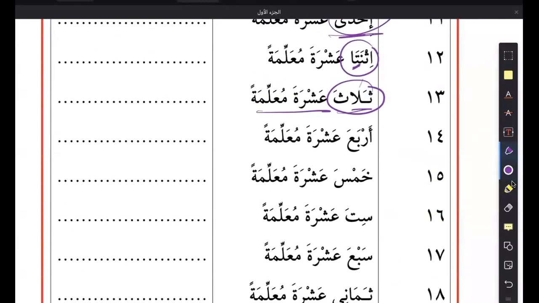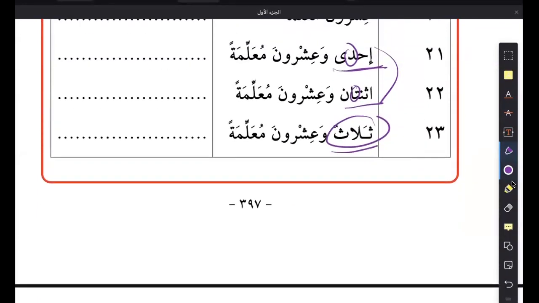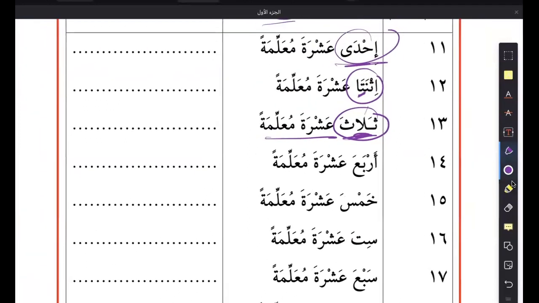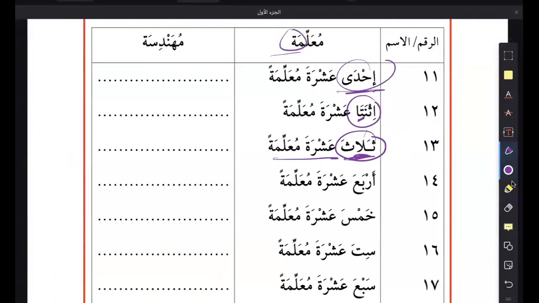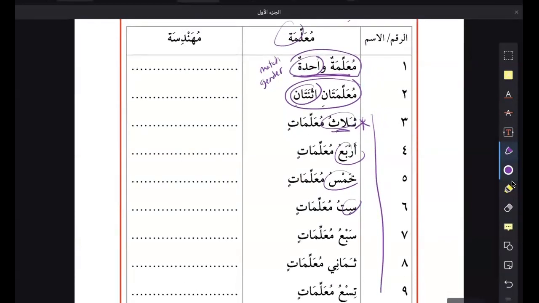In 13 we see thalath without the ta marbuta, and even in 23 we see thalath without the ta marbuta. Why? Numbers 3 to 10 are always opposite of the gender. If you get this one right, then you only have to worry about the other ones, which I've already mentioned. So at least keep this one in mind, because if you understand this much, you will at least not get the gender wrong.